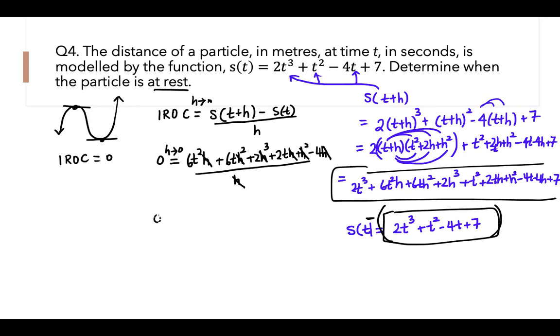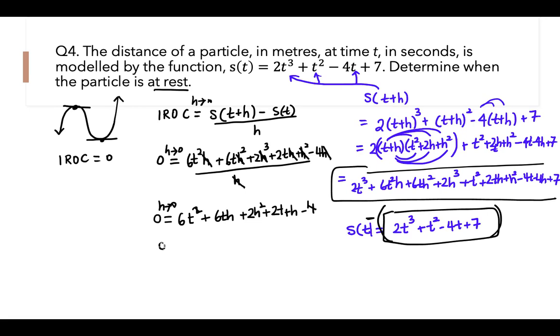Then 0 is equal to 6T squared plus 6TH, because we canceled out the H, plus 2H squared plus 2T plus H minus 4.